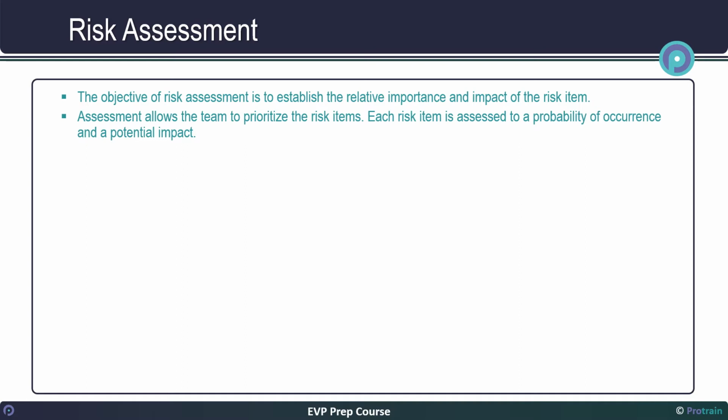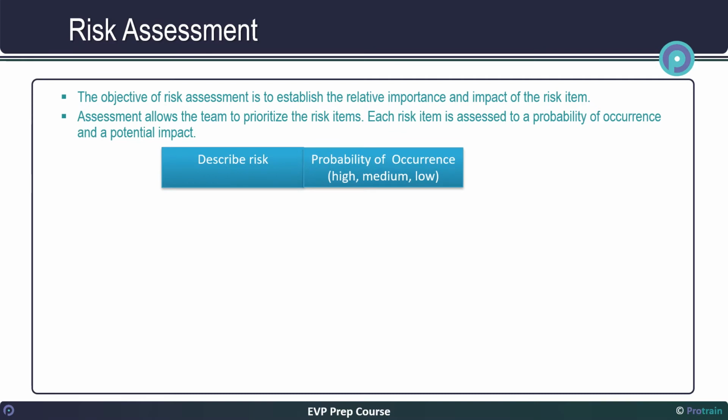Now let us discuss how risk assessment is typically performed. First step is to describe the risk we have identified in previous step of risk identification. Next step is to determine the probability of occurrence, and the step after this is to identify the potential impact. In order to determine the relative probability of occurrence and potential impact, a scale can be developed.